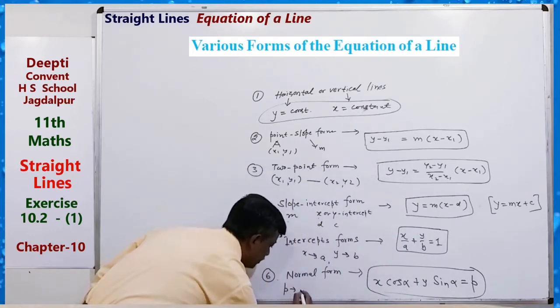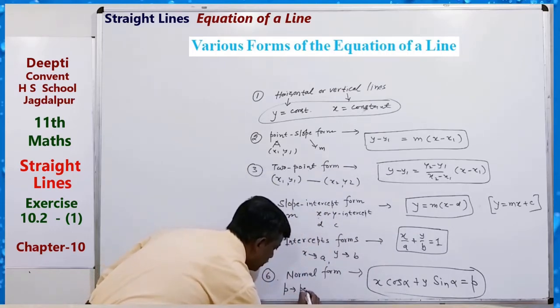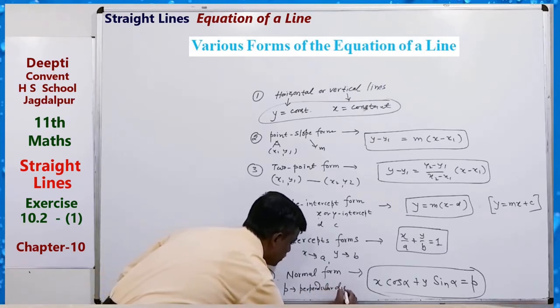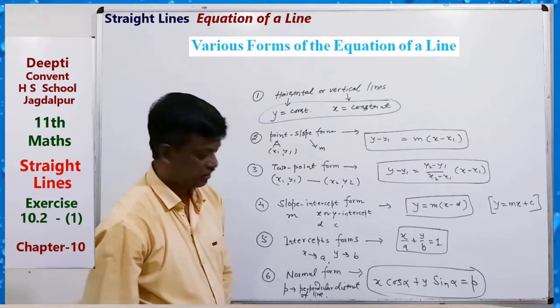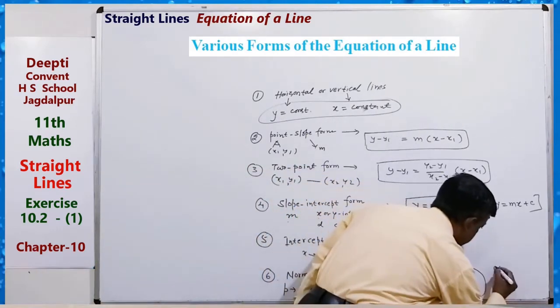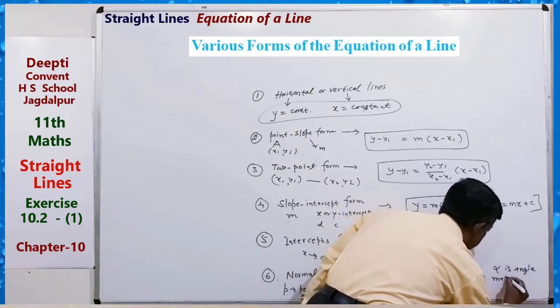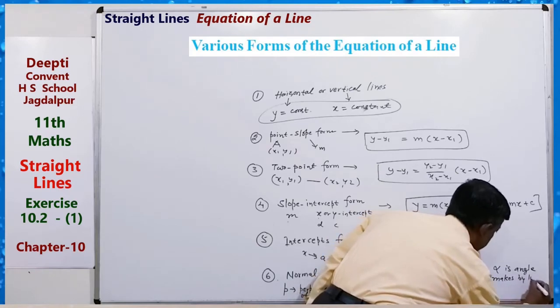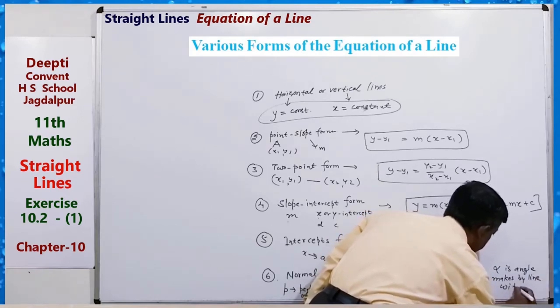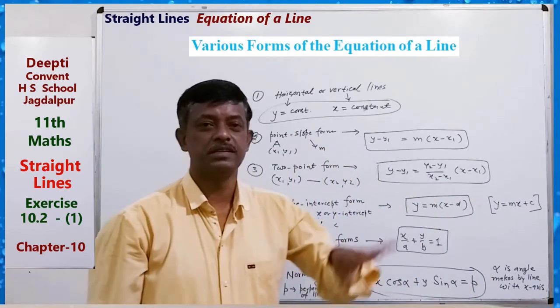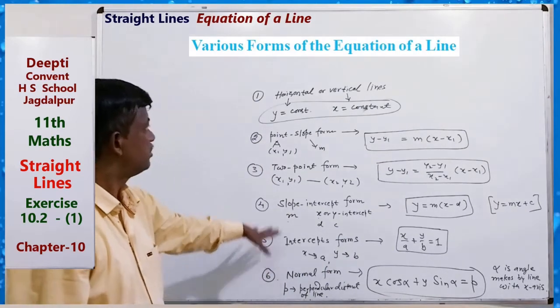P is the perpendicular distance of the line, and alpha is the angle made by the line with the x-axis.